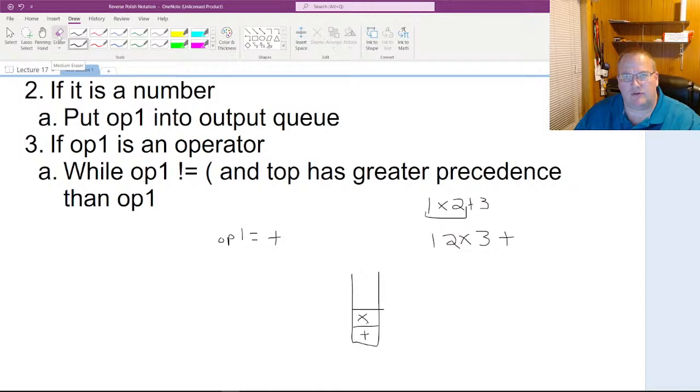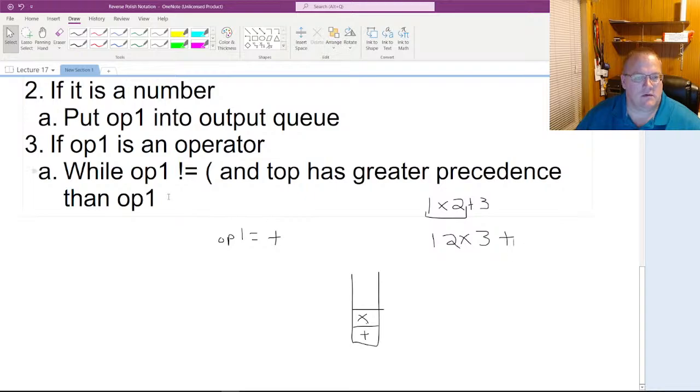So the opening parenthesis, which is what this is, tells us that we're going to have to wait until we see the closed parenthesis, and then we're going to do everything inside those parentheses in order, in whatever precedence they're supposed to be in.